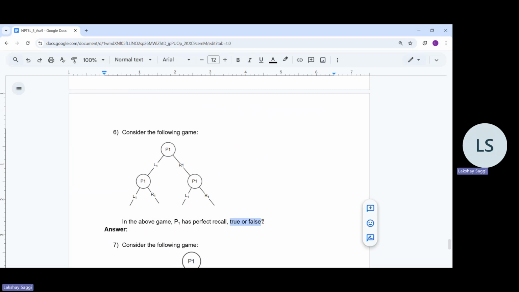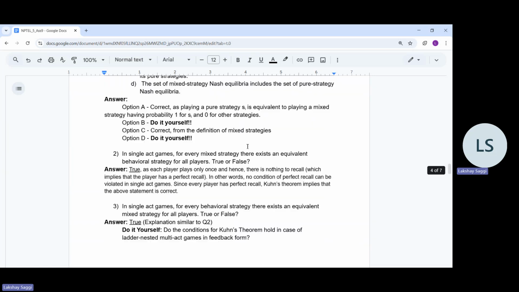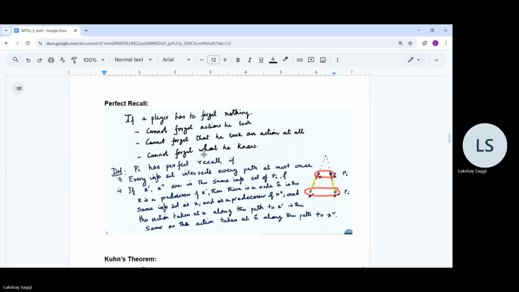So what is the definition of P1 having perfect recall? This means that we have to check that P1 does not forget anything, or essentially the conditions which we discussed: every information set intersects every path at most once.